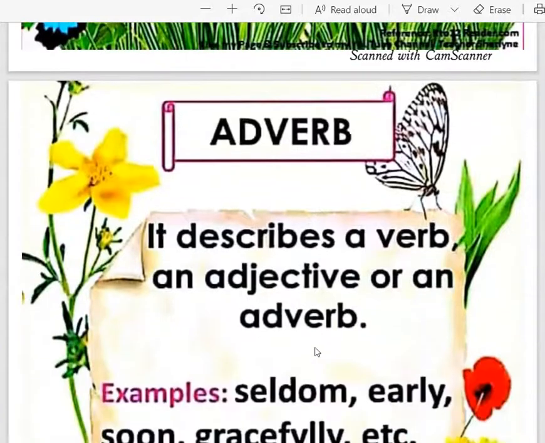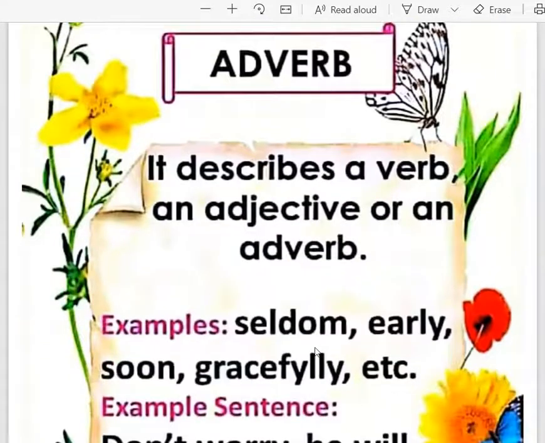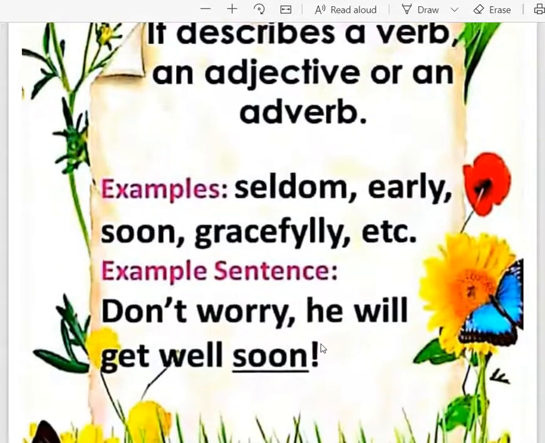So, the action or the experience which a person does is called as verb. The next one is adverb. It describes a verb or an adjective or an adverb. Now, any word which describes a verb, adjective, or an adverb is called as an adverb. Now, always you remember that maximum adverbs end with ly.